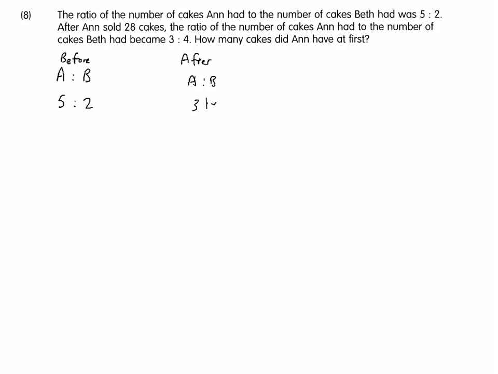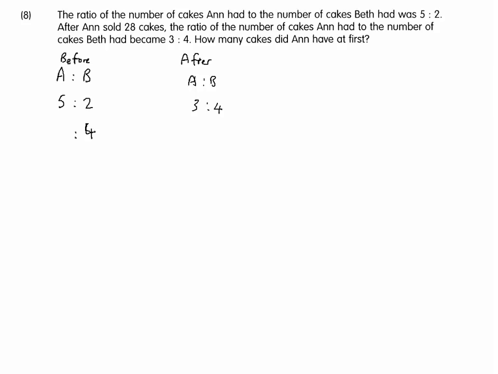So the question now is, did Beth sell any cakes? No. So this is a similar one quantity unchanged question, right? So the before and after units for Beth should remain as how many units? 4 units. So I need to change my before to 4. And we know that Anne at first is 10.